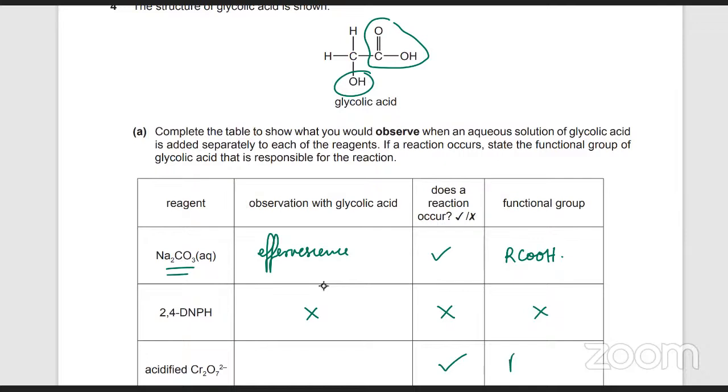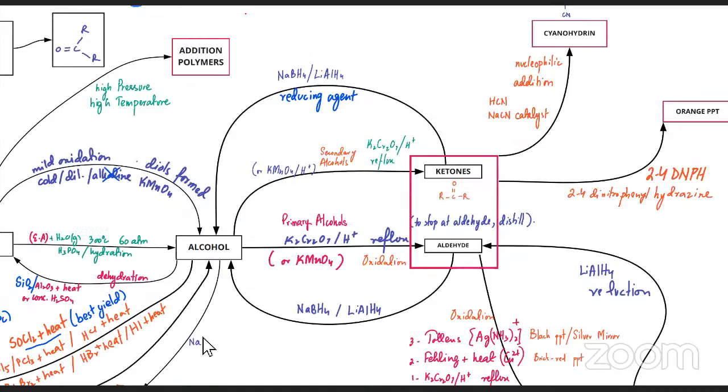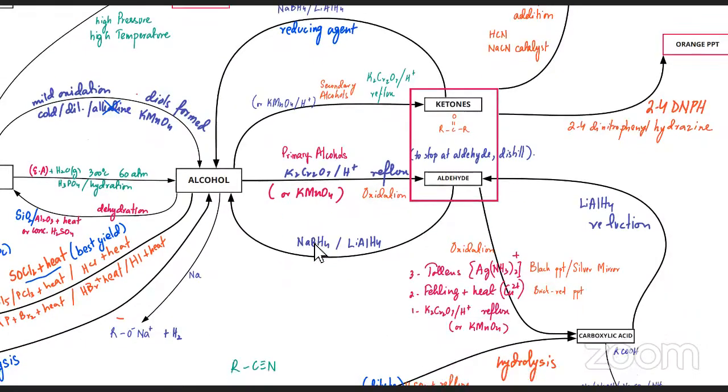No, that's KMnO4. What about K2Cr2O7? Orange to green. Remember, in oxidation, KMnO4 is purple to colorless. If you use K2Cr2O7, that's orange to green.